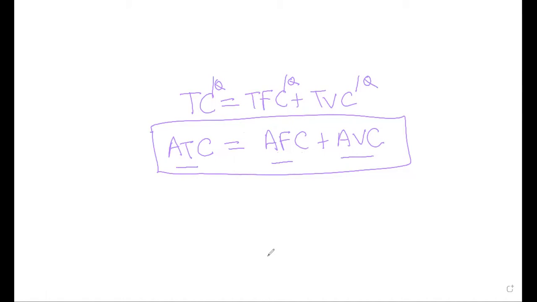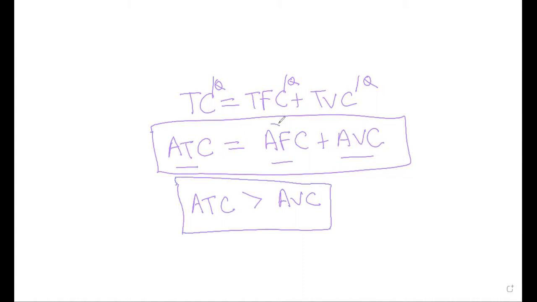Okay. Do we agree on this one? Yes, sir. Okay, lovely. Then now we can say average total cost is greater than average variable cost. Do we agree? Yes, sir.